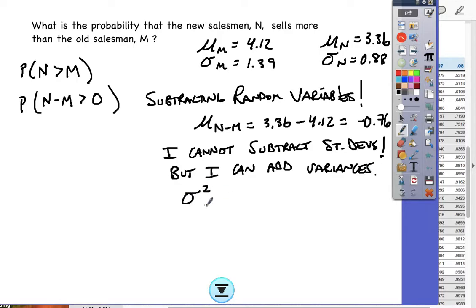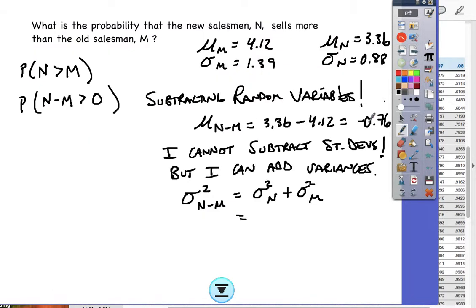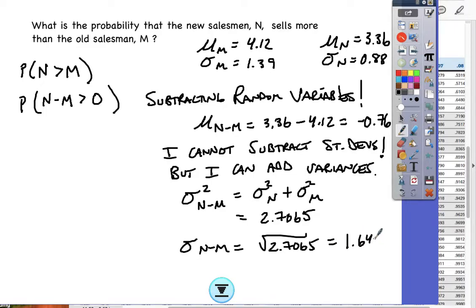So it's going to look like subtraction, but I'm going to take the variance of N plus the variance of M. And this is what we did in the last problem. We added those two up and we got 2.7065. And to get the standard deviation, we took the square root of that. And our standard deviation was, and still is, 1.64514.